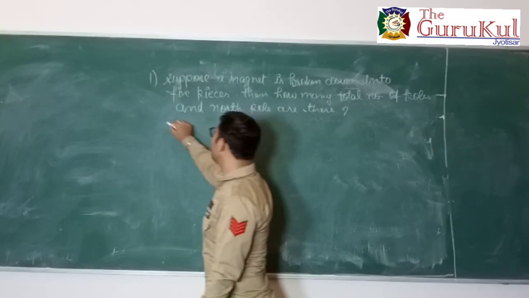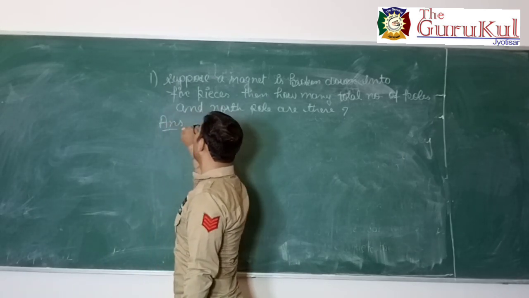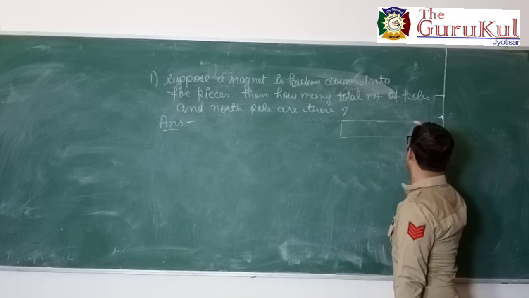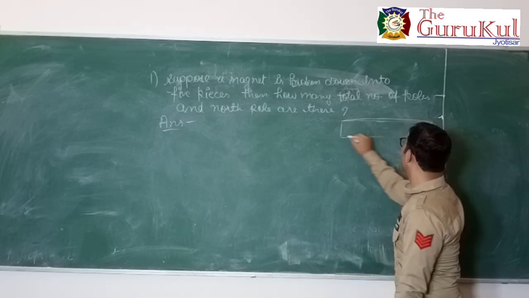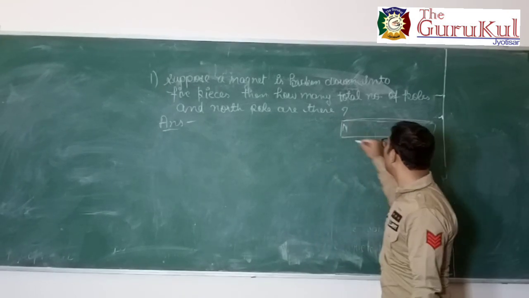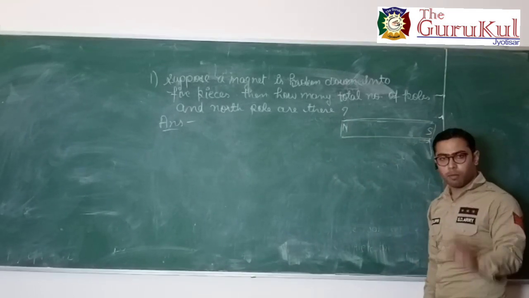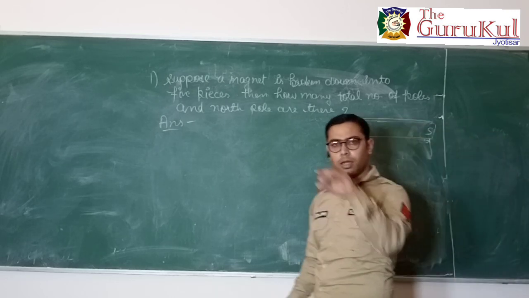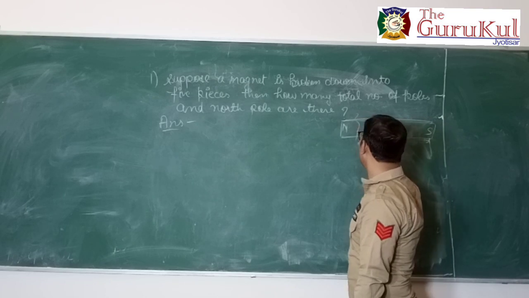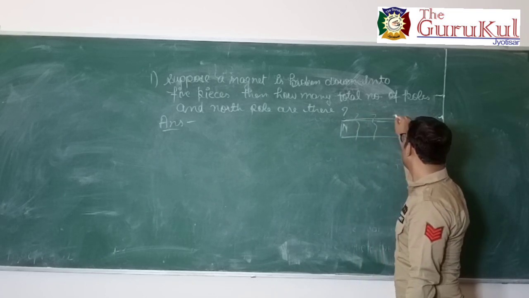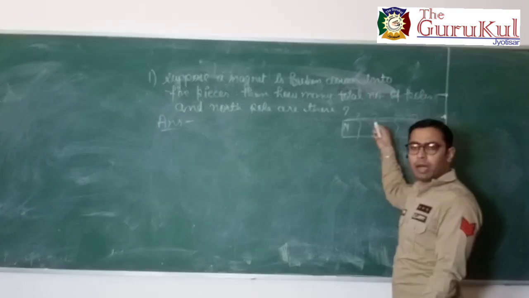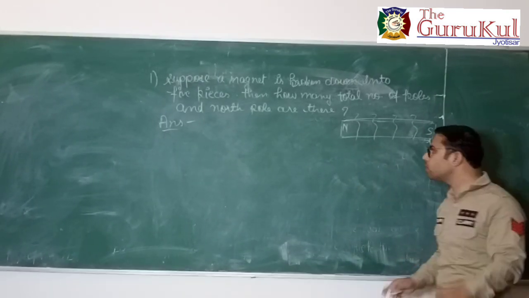Okay, so first of all, to understand this question, we have taken a magnet, our magnet. Now, as you know, each and every magnet has 2 poles, north and south. Poles always occur in pairs, they never occur independently. So when you break the magnet into 5 pieces, 1, 2, 3, 4, 5, each part consists of 2 poles.